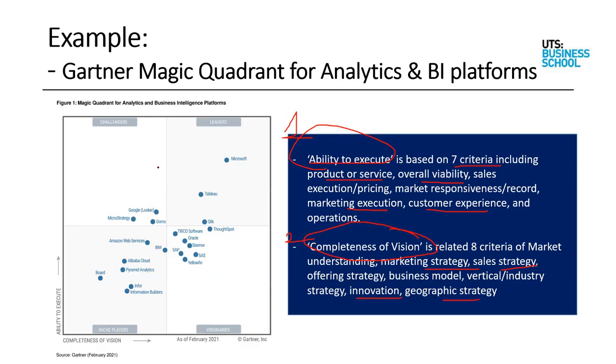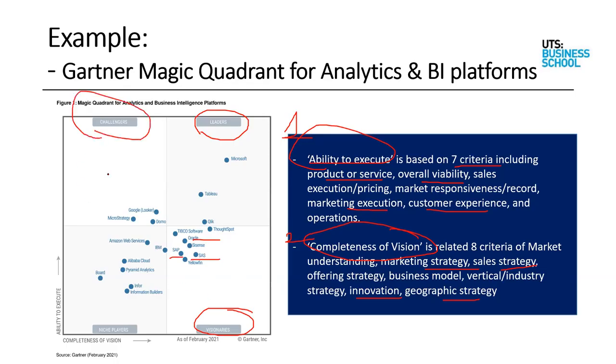What resulted was these 4 different segments in which the companies were playing and how they were perceived. Some were perceived as leaders like Microsoft, Tableau. The others were perceived as visionaries, which included SAS and Oracle, SAP and other companies.